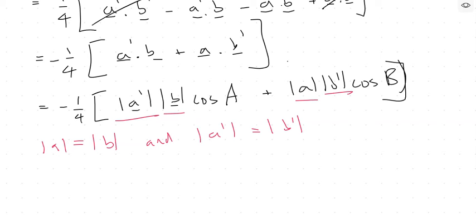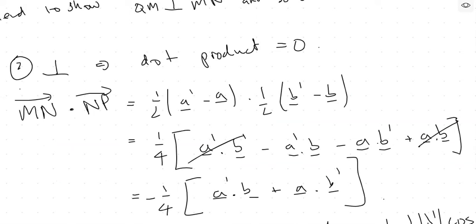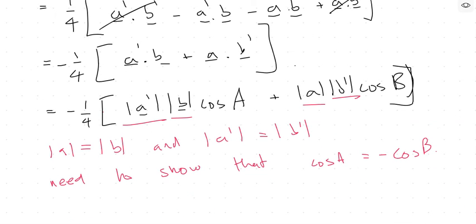So now we need to show that cos of A is equal to minus cos of B. Why do we need to show that? Because if cos of A is equal to minus cos of B, this whole thing is equal to 0, which is what we're trying to show. We're trying to show that the dot product between them is 0.